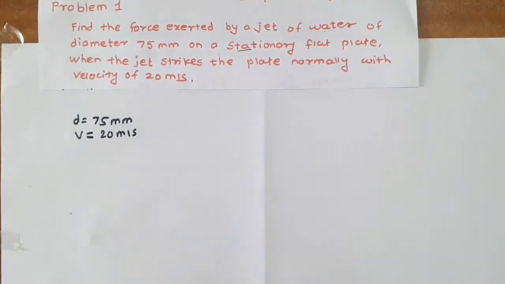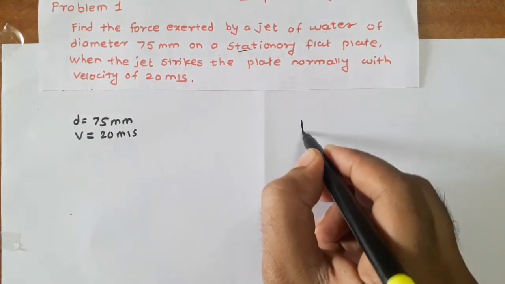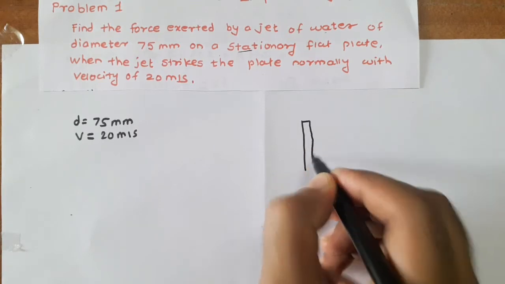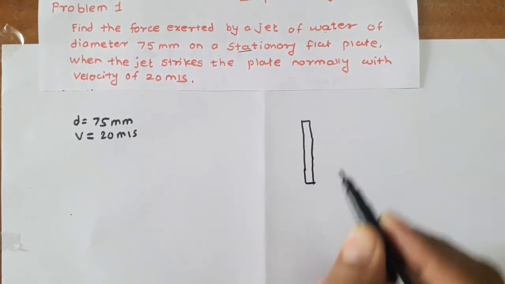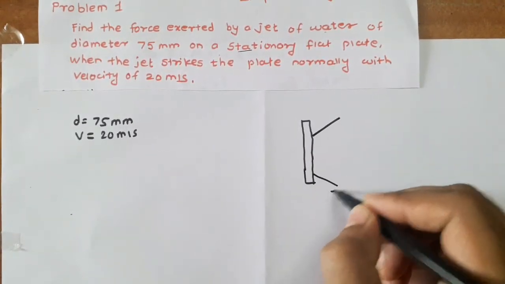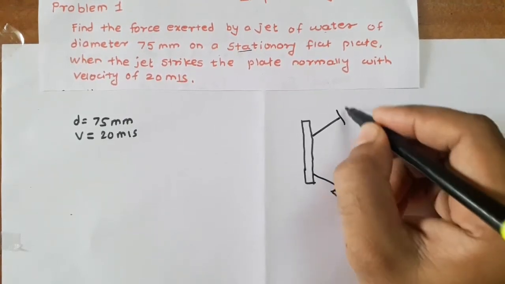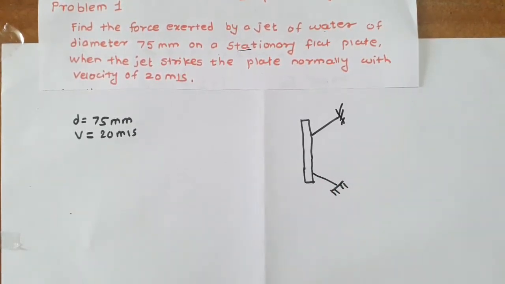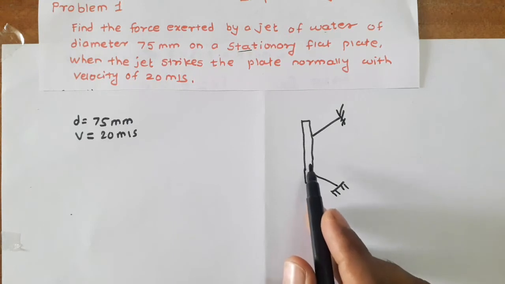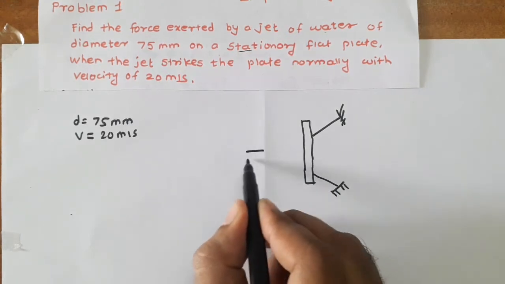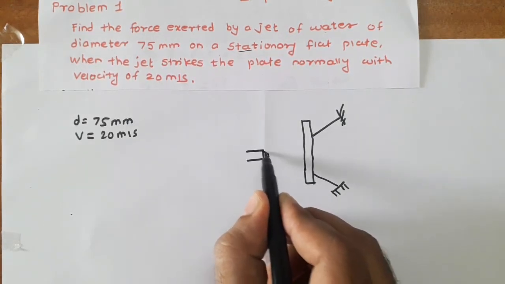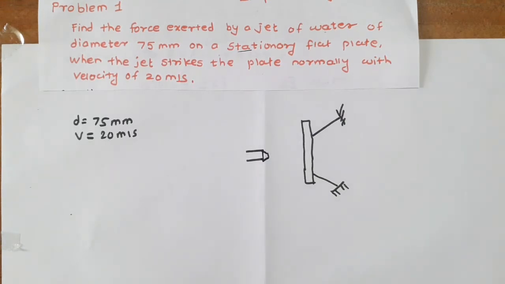Now first draw the diagram, free body diagram. Here is the plate. Plate is vertical and fixed, and jet is perfectly normal to the plate.